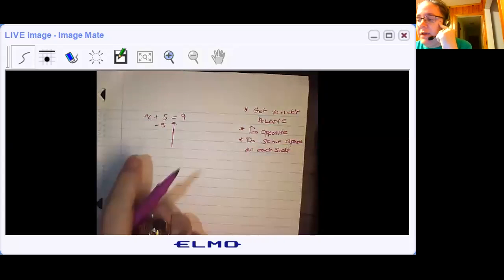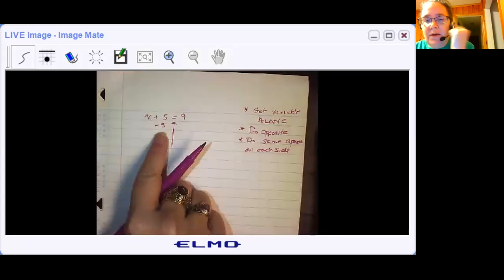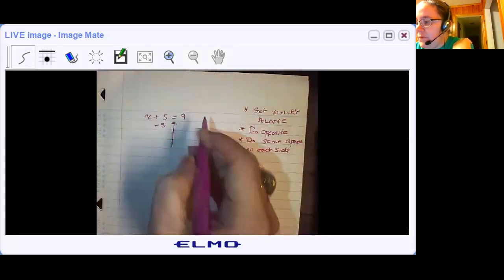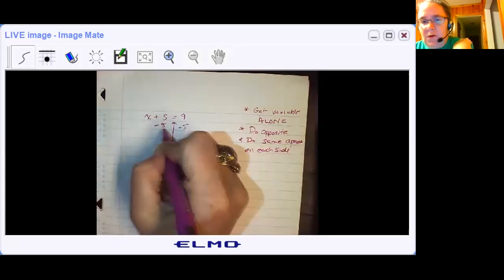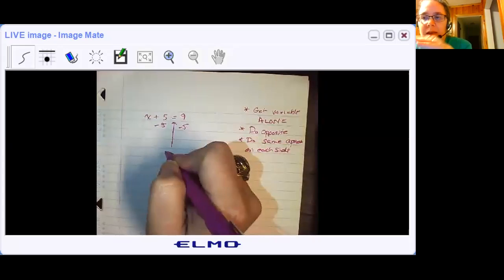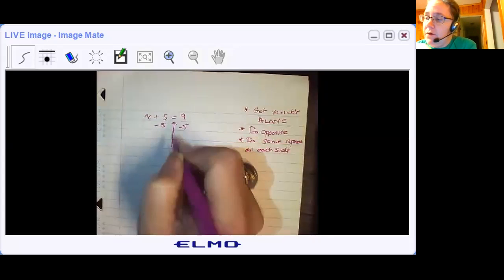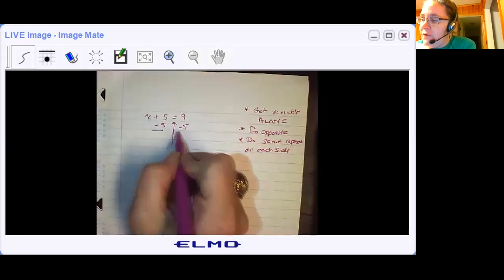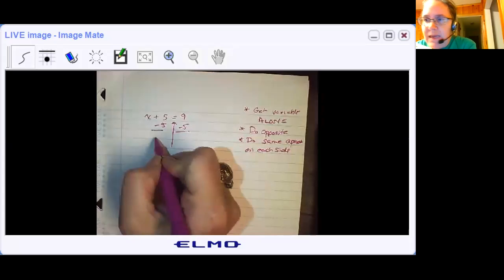So if I subtract 5 on the left, I have to subtract 5 on the right. You'll notice I drew a little line here. This is kind of my balance point. This is to remind me that I have to keep both sides balanced, and what I do to one side, I have to do to the other. So when I subtract 5 here, did I take anything from x?